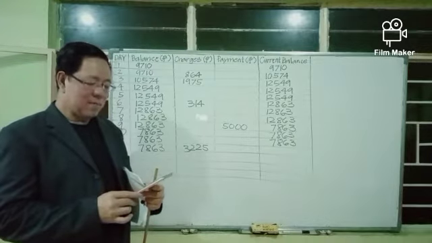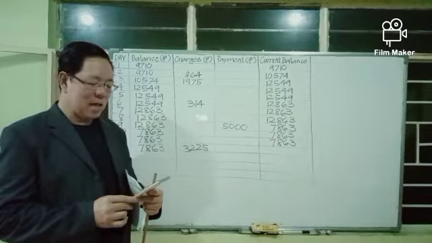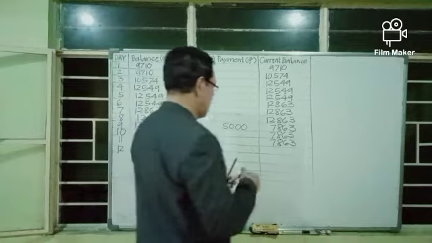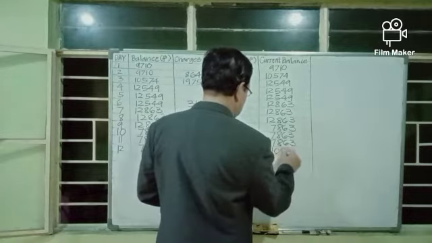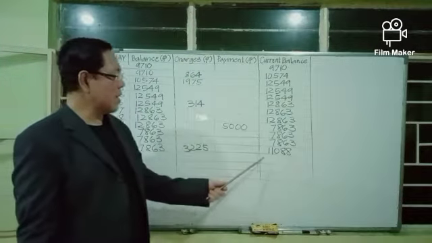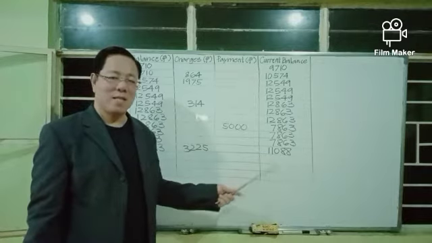And the current balance now at the end of November 12 on her credit card is 11,088 pesos. And this amount at the end of November 12 would be her balance at the beginning of November 13.